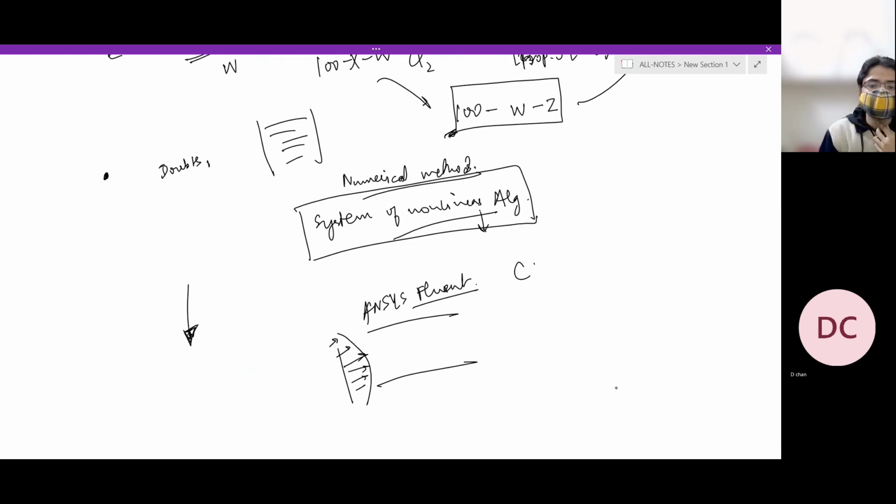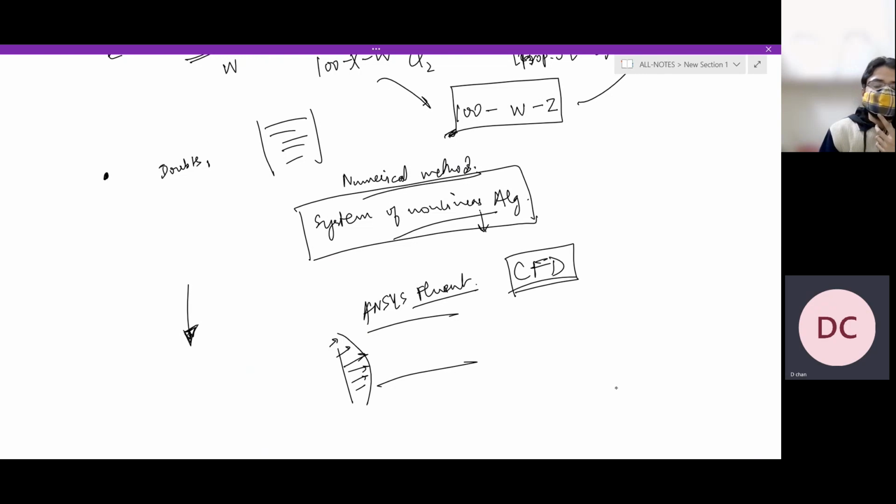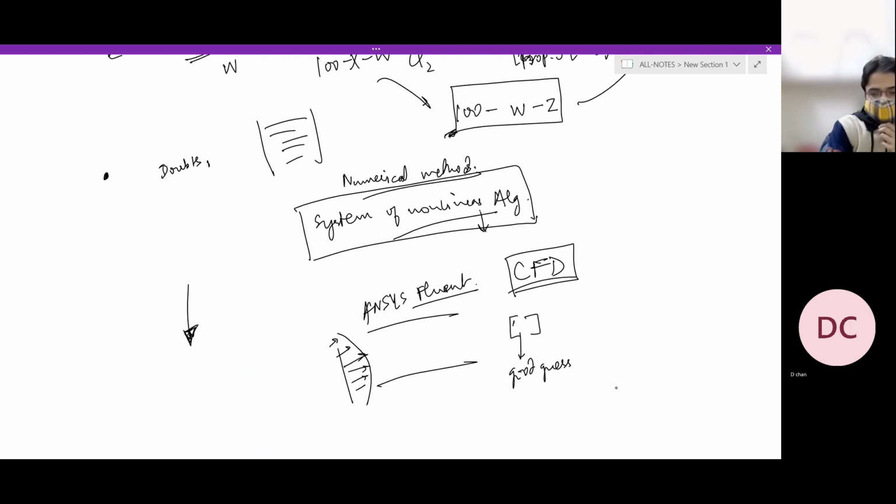Are you working in CFD a bit? Anyway, even if you are not working, you might need some initial guesses. So understanding the physical nature of the problem and what's happening always gives you a good guess, and a good guess will always give you a good solution. So that was the key takeaway from that.